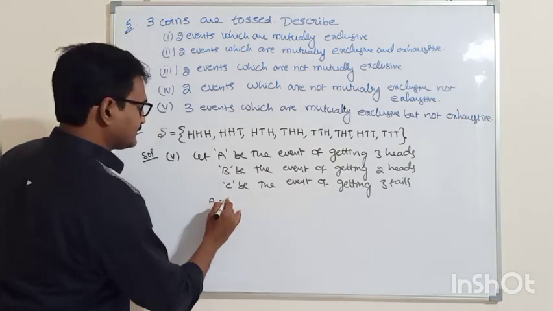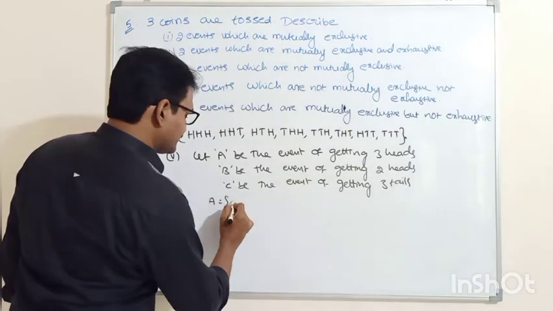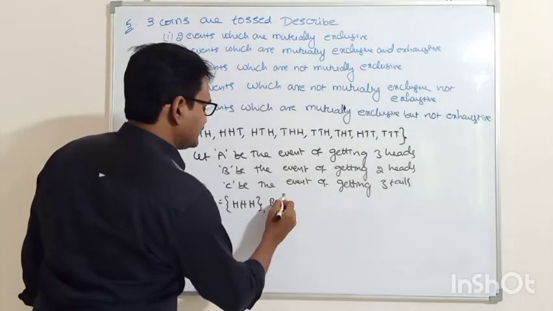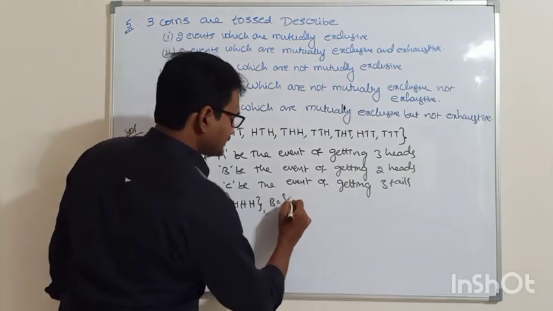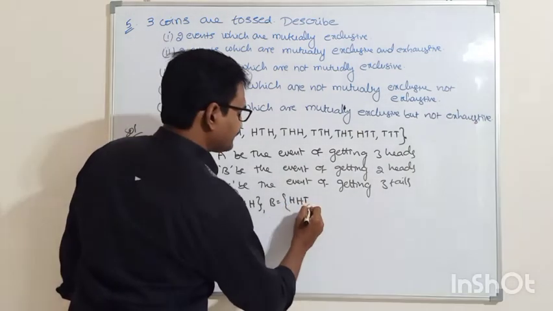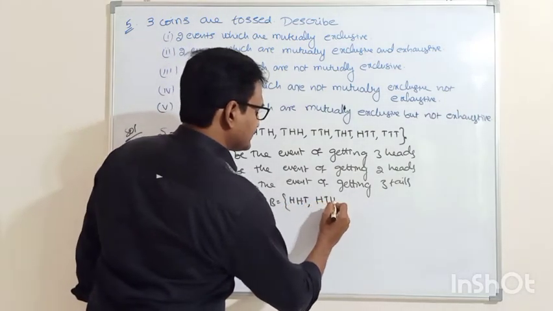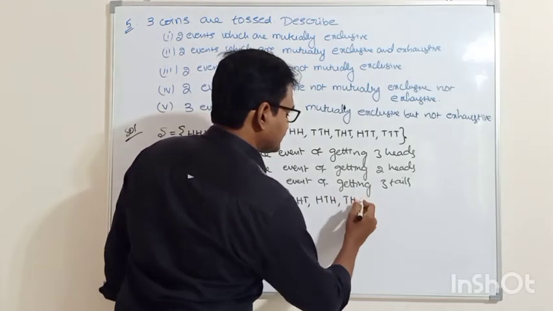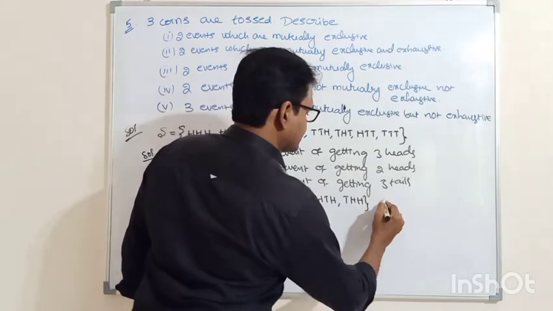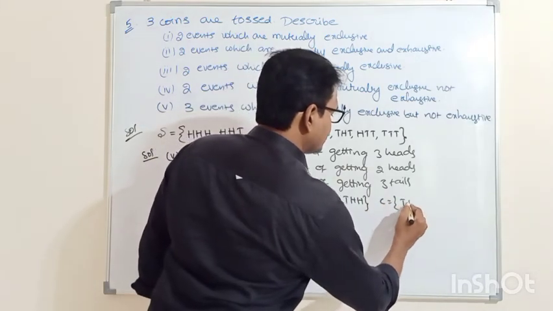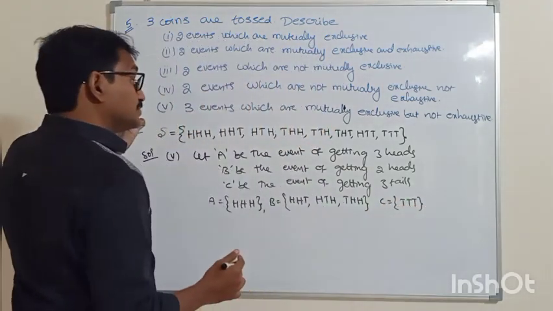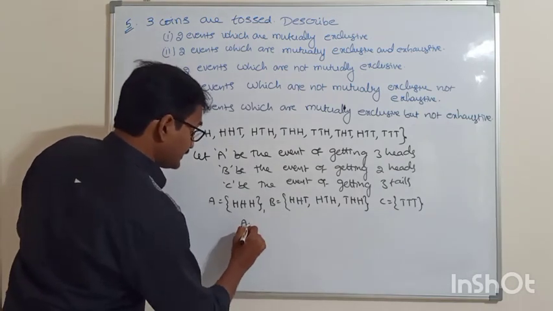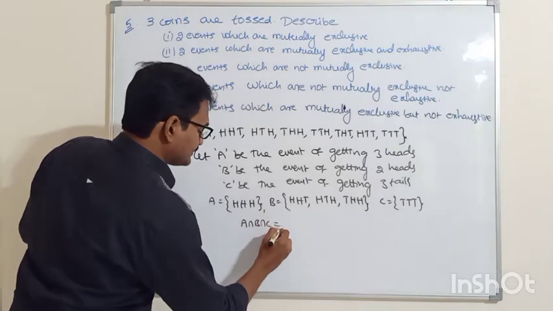Now, what is set A? Set A is getting three heads, triple H. What is set B? Set B is the event of getting two heads, double HT, HTH and THH. And set C is triple T. Next, what is A intersection B intersection C?